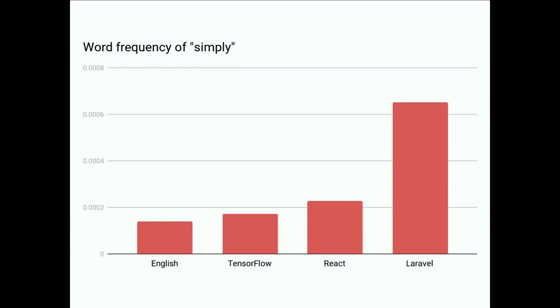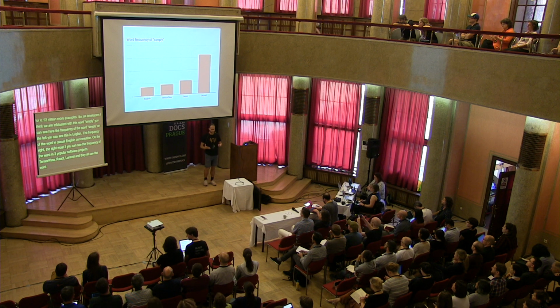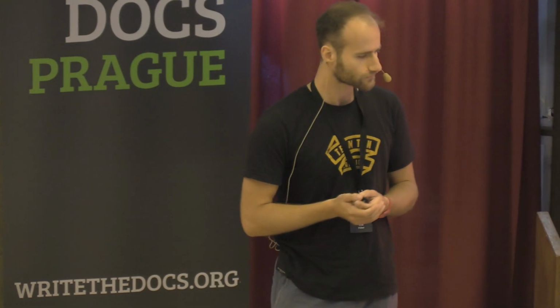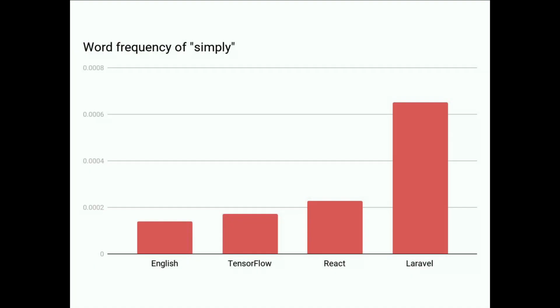And you'll notice that they all use the word more frequently than in English, even though they are talking about things which ostensibly we would think of as quite complex, certainly more so than the average thing that you talk about in an English conversation. This one on the right, Laravel, really stands out, and I'll come back to that in a minute.